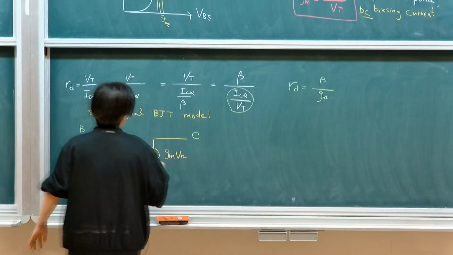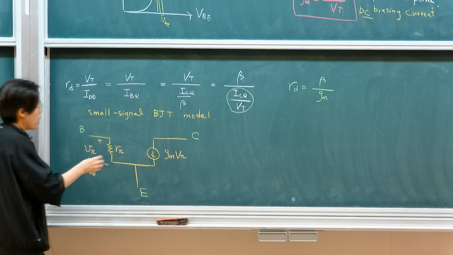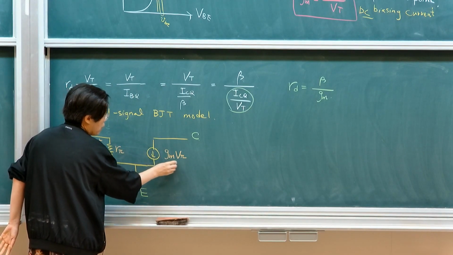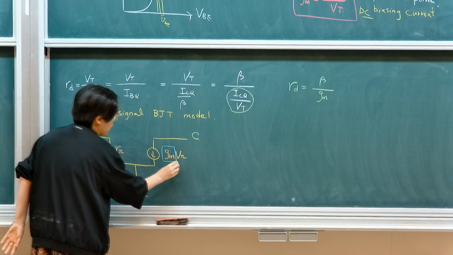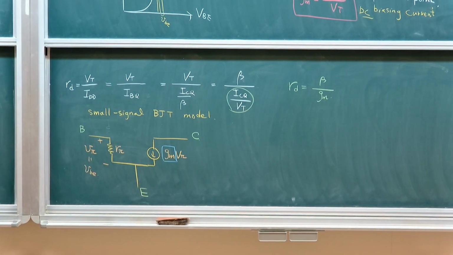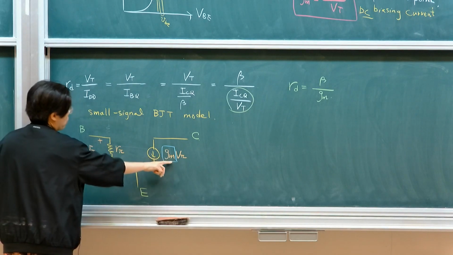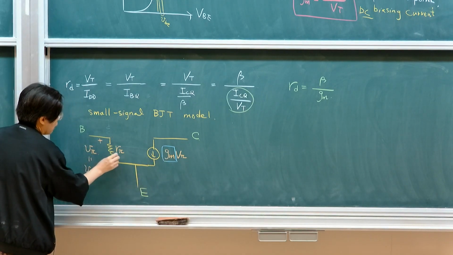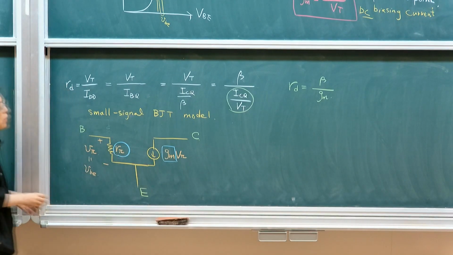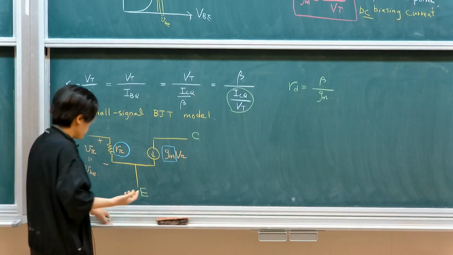There's supposed to be three. We're going to talk about that a little bit. We're going to add more complicated model. But first order model, meaning that you're only looking at the big picture, which is you look at collector current controlled by transconductance and then R pi. Two key parameters.